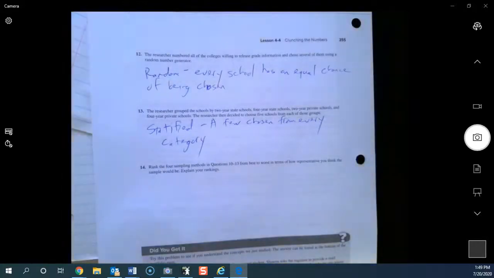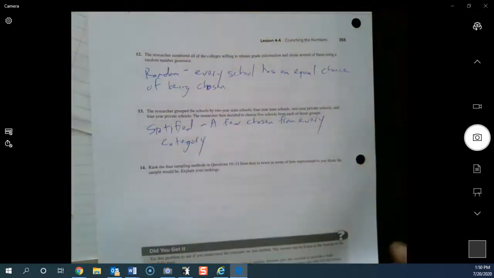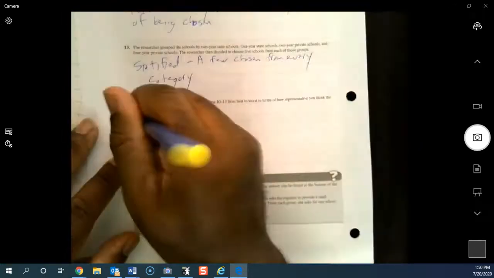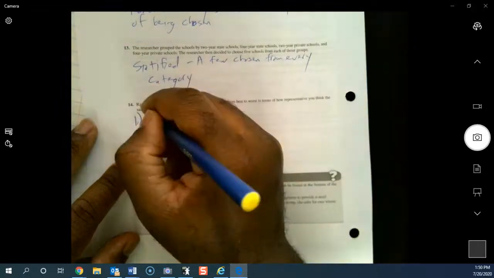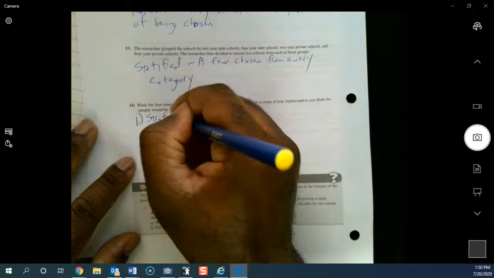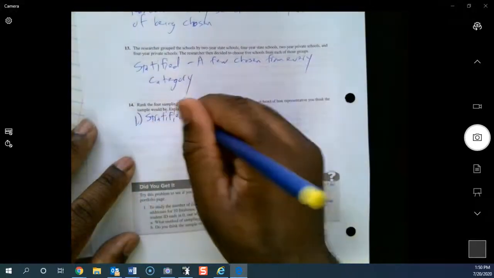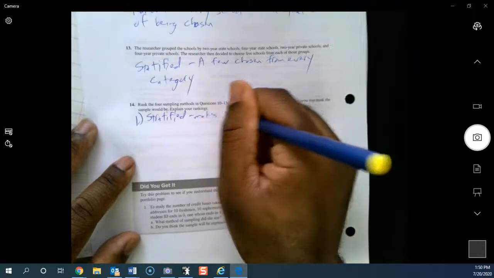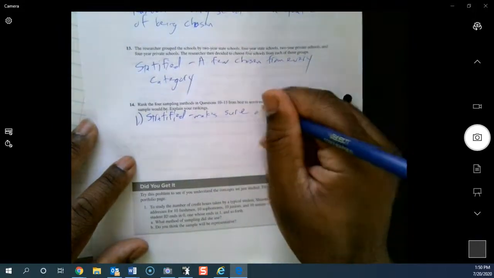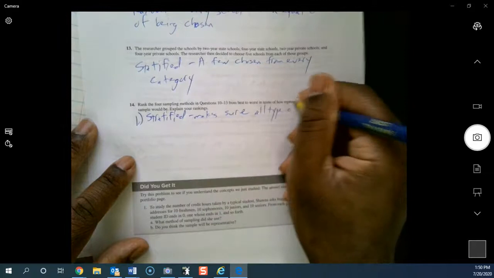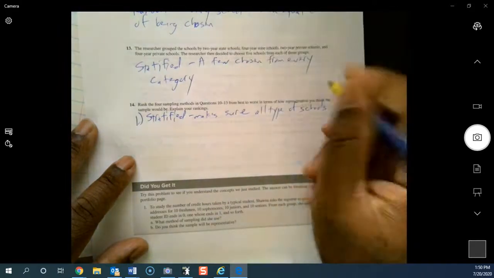Now, number 14, it says rank the 4 sampling methods in questions 10 through 13 from best to worst in terms of how representative you think the sample would be. Explain your rankings. Okay, now remember, this is up to opinion here. So I would say first stratified, and then make sure all types of schools are represented.